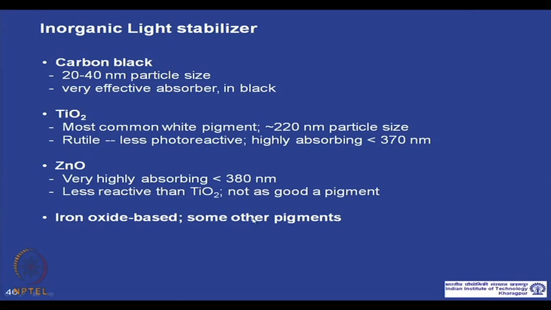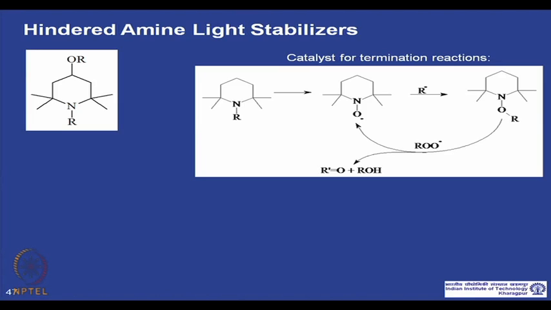So, these inorganic light stabilizers do not get used very frequently in real applications. The other stabilizers, like the hindered amine light stabilizers we just talked about, basically prevent the radical process.